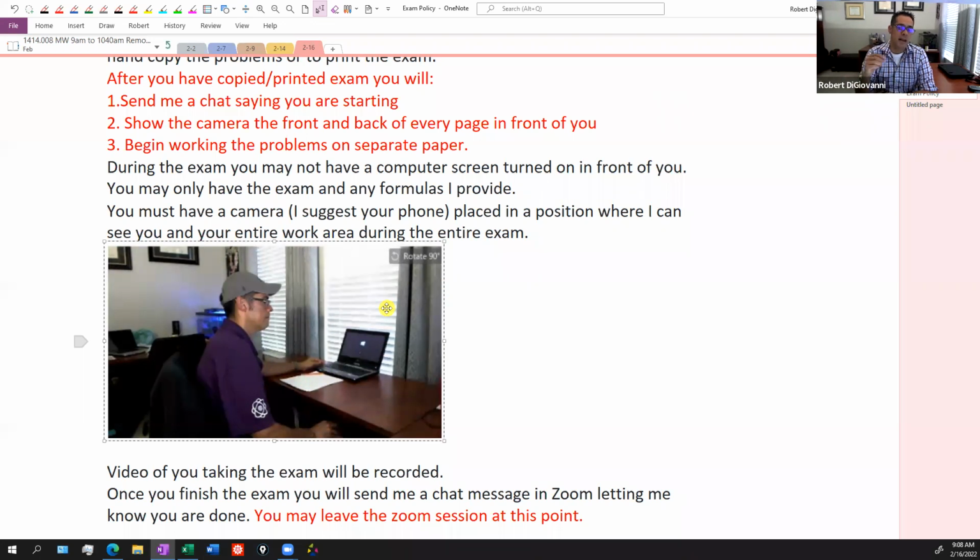Okay, that's what I'm trying to achieve here. It's very frustrating to have students who work really hard to learn the material and they do it this way, and then I've got a student who is using their computer off on the side and has their camera set up where I can only see part of their head. If that happens, and you can't get your camera set up like this, then I'll boot you out of the test, and you can't take the test.